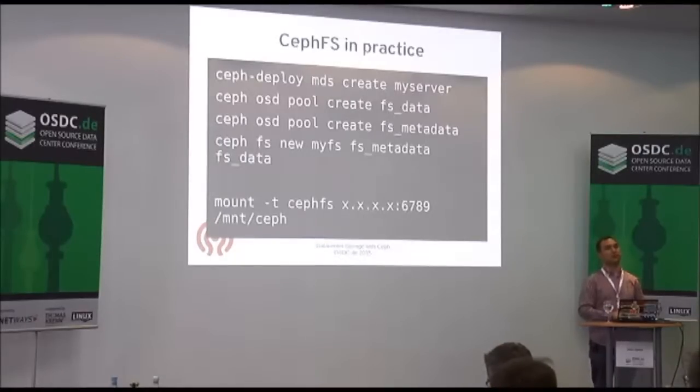Okay, so that's a great question. I should clarify that. The question is, can I mount CephFS from multiple clients at once? And the answer is yes. That's the sort of technical definition of shared in the context of file systems.